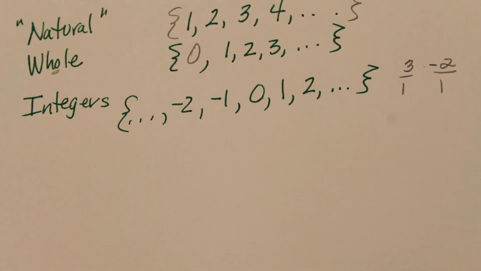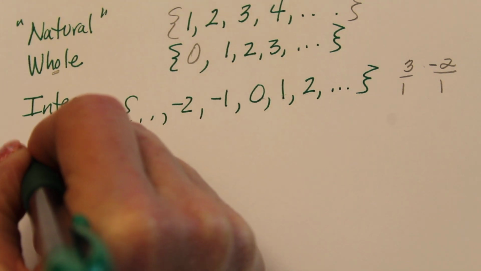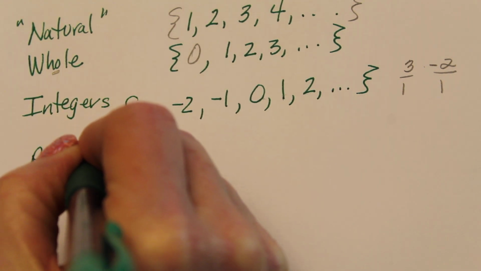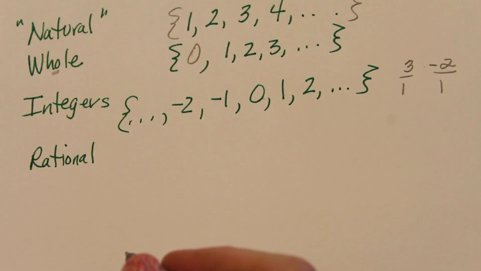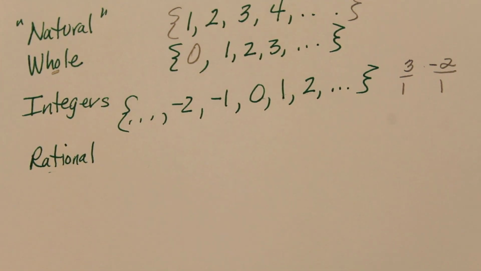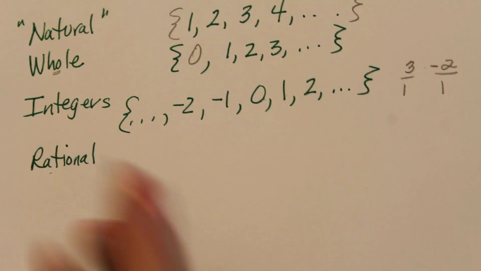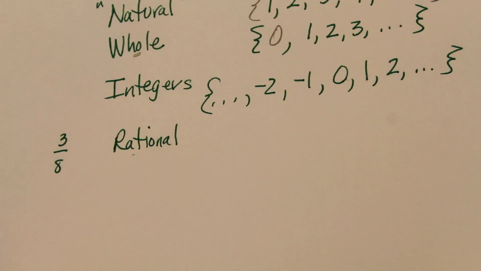There are many numbers between 1 and 2 or between 0 and 1 that might be represented with decimals or as fractions. So the next category or set of numbers are rational. Now when you hear the word rational, don't think like sane or insane. Think of the word to ration out or ratio. Imagine you give your friend 3 of the 8 pieces of pizza.